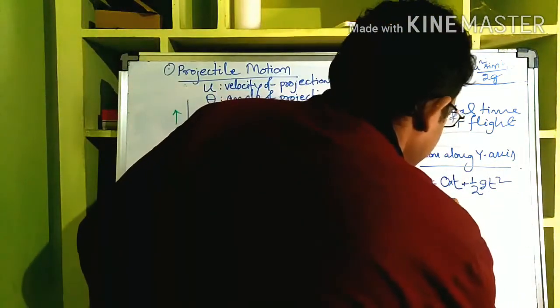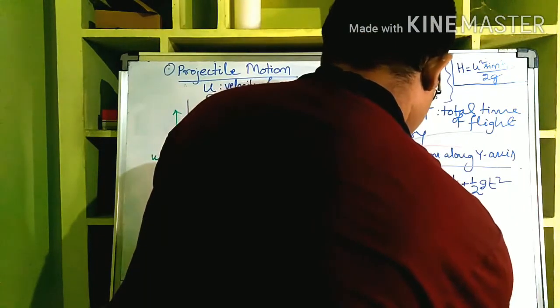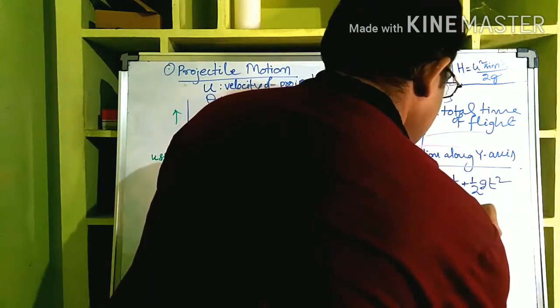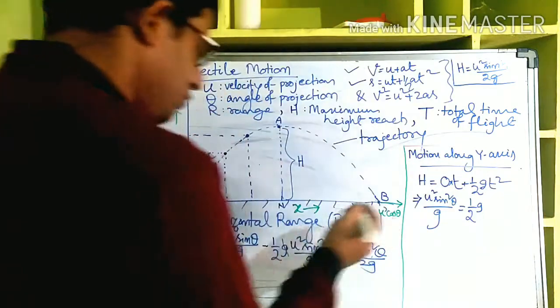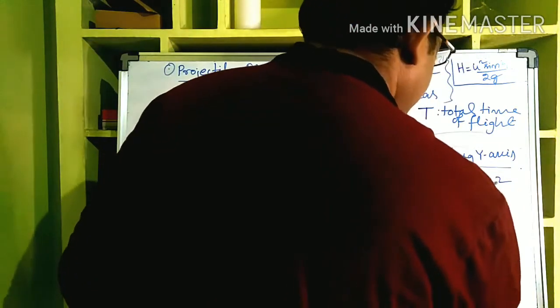Okay, so implies that h is equal to how much we have derived already, u square sine square theta by g is equal to half g t square.